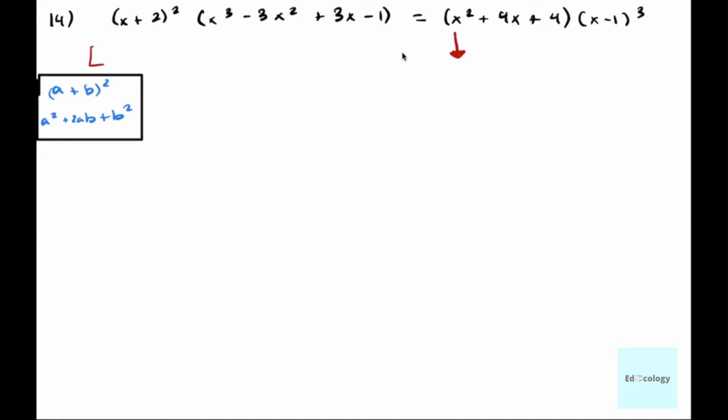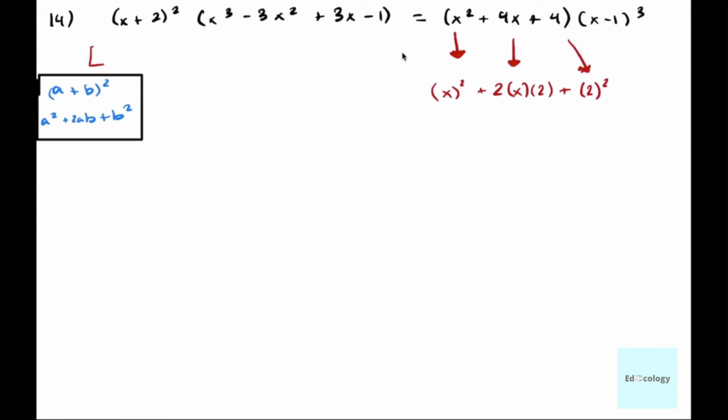So a squared is x squared, so that means that a is x, plus 2ab, a we already know is x, 2 times what is 4, 2, plus b squared. The square root of 4 is 2, so now we can be sure that b is 2.